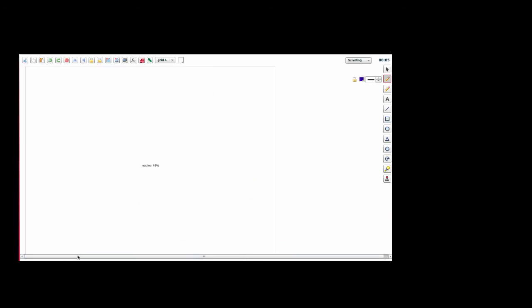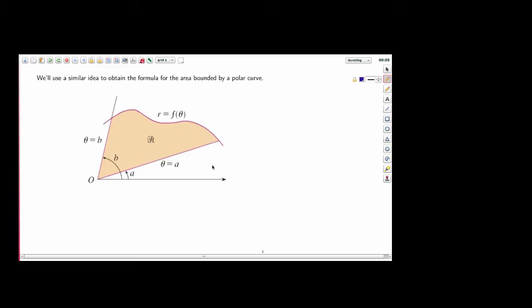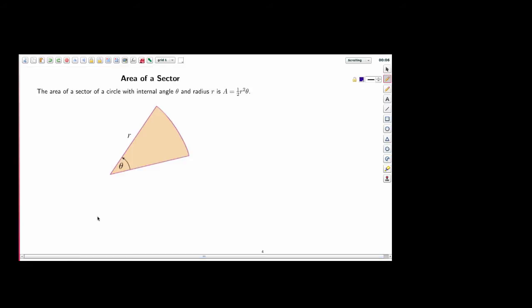So now let's do a similar idea for the area bounded by a polar curve. Again, here's our setup. We have some polar curve r equals f of theta in between theta equals a and theta equals b, and I want to figure out what the area of this region is equal to. We're going to use a similar idea.